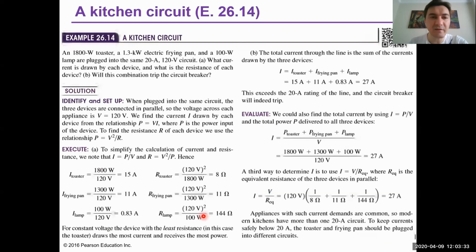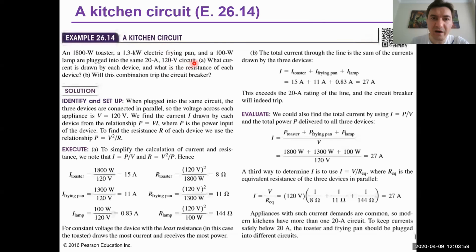So now let's have a look at the question. You can calculate the total current. Since they are connected in parallel, the total current is calculated with that expression. So how to calculate the current? Current is given by power over voltage. The power of the toaster is given here.